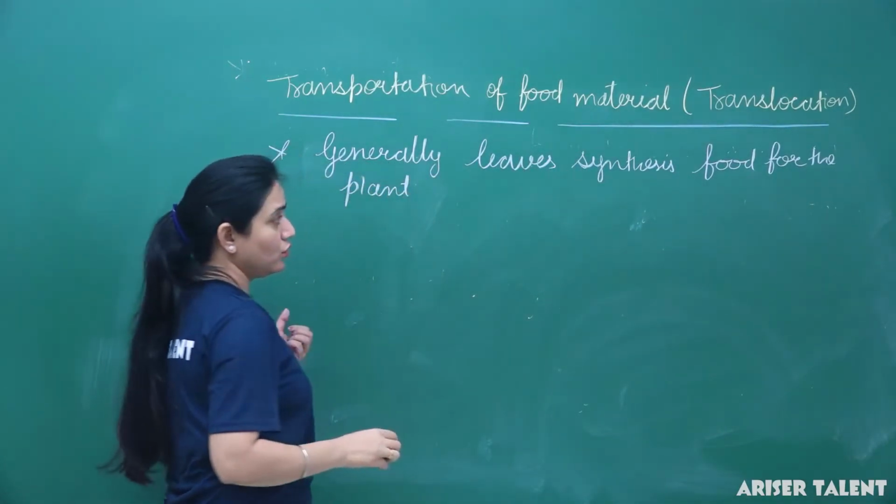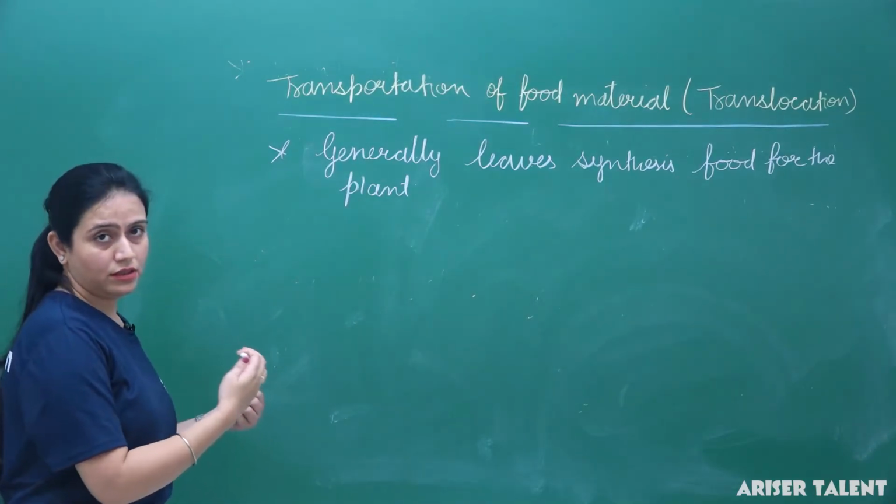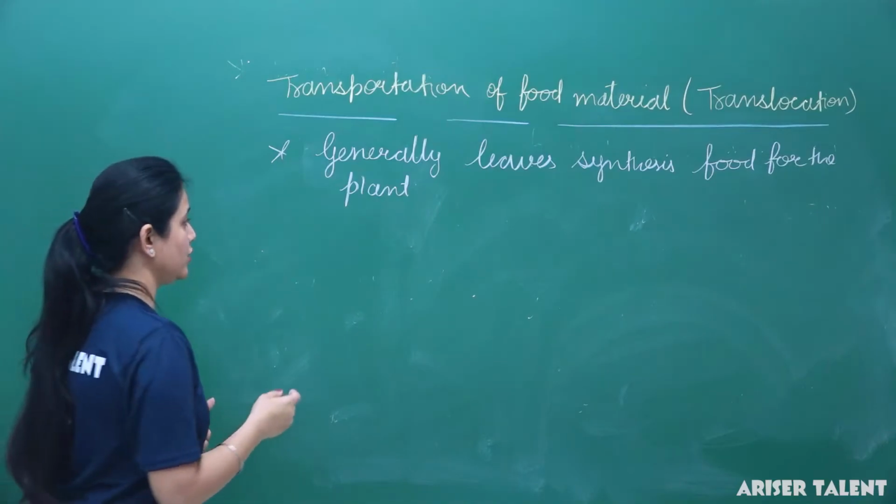So the transport of food from the leaf to the different parts is known as translocation.